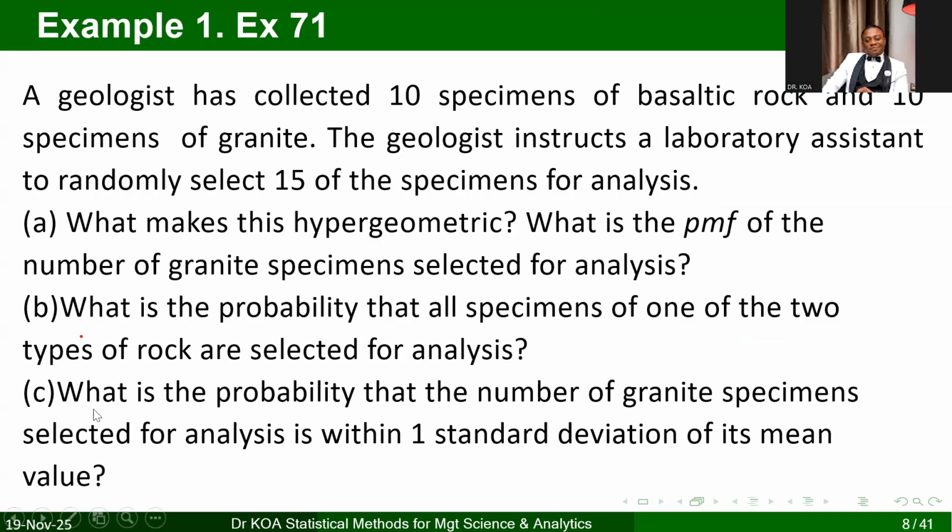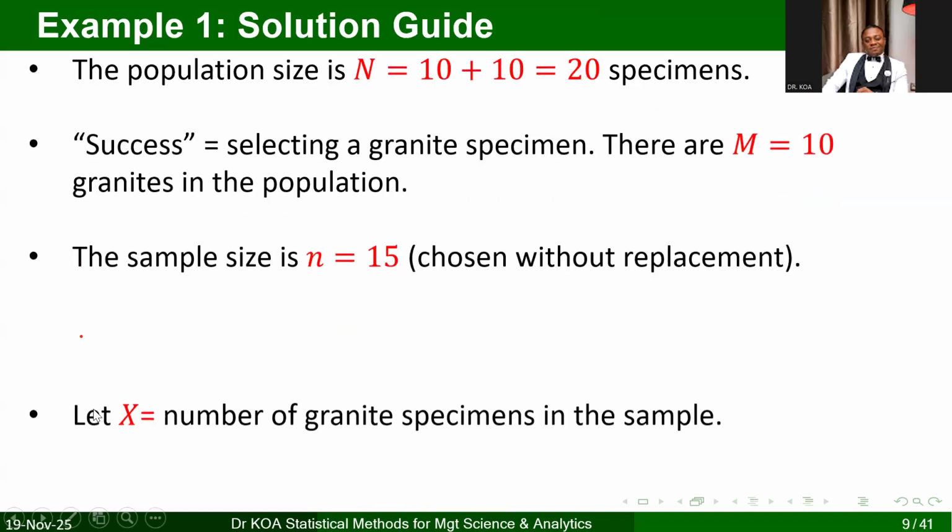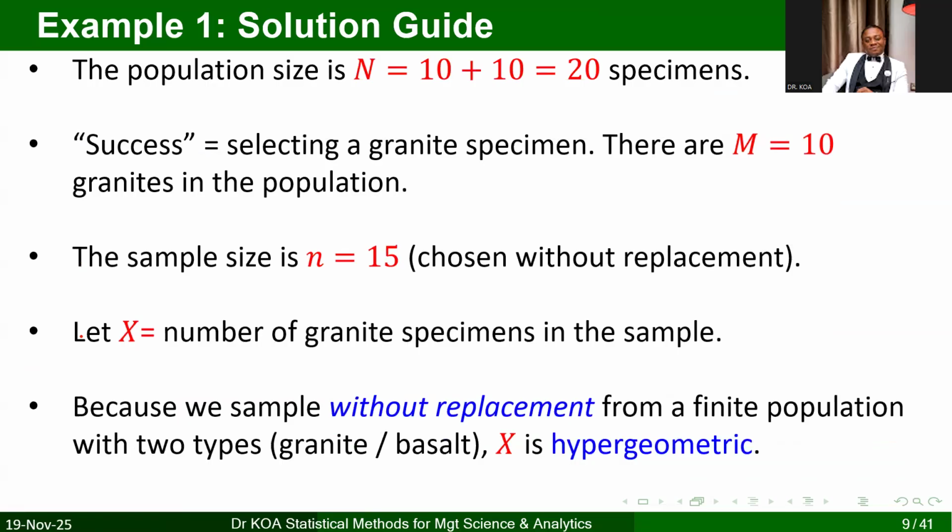So these are the reasons why we know that this is hypergeometric rather than binomial. When you're given two questions where one is binomial and one is hypergeometric, you should be able to distinguish between the two. In binomial, let's forget about the x, the particular random variable in question, you normally have a probability of success and a probability of failure.